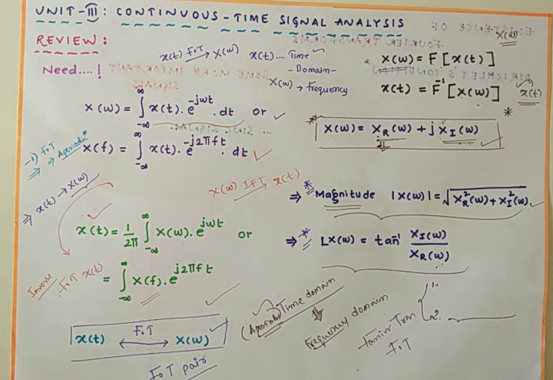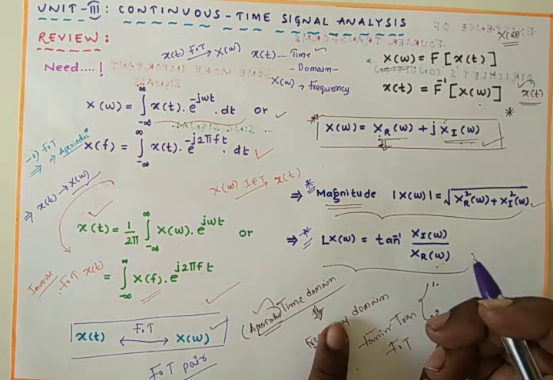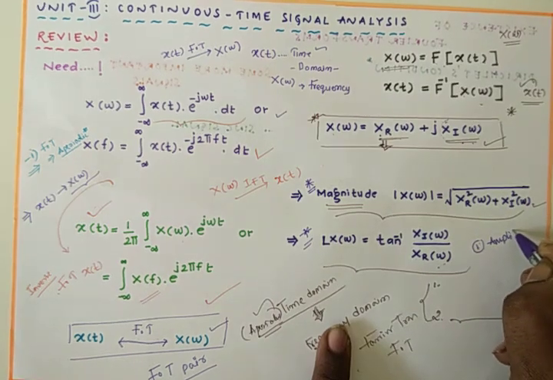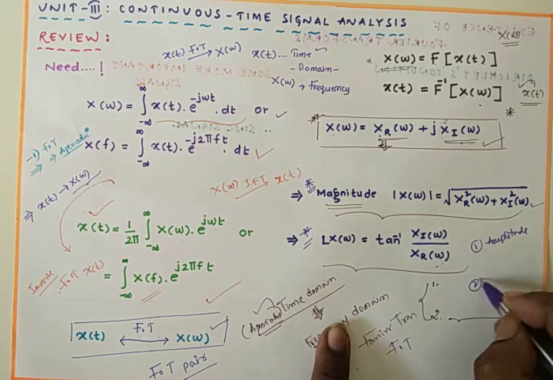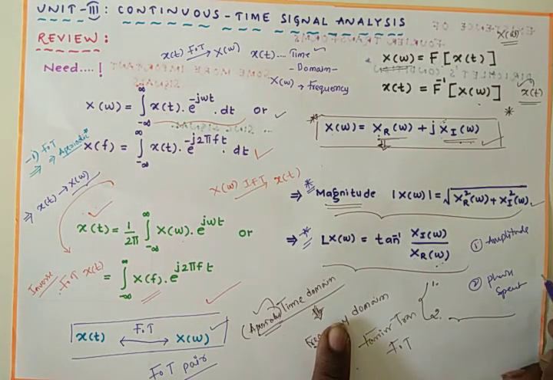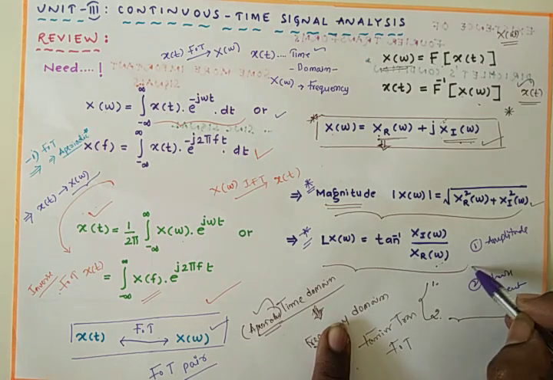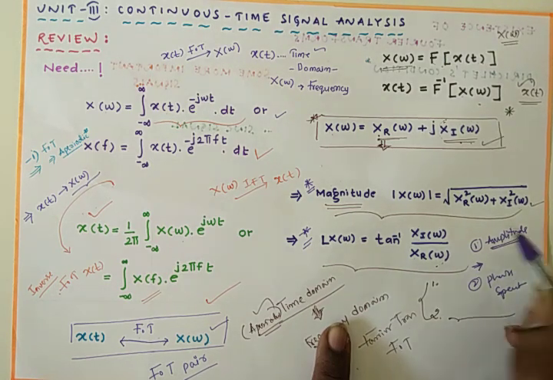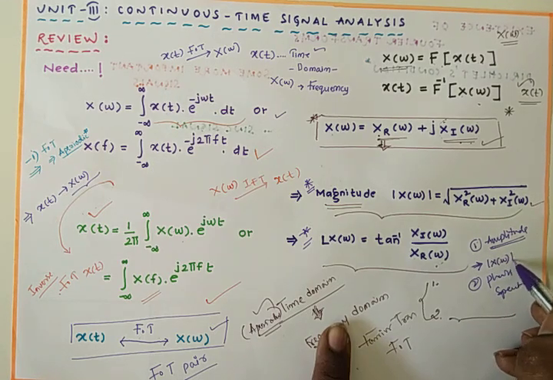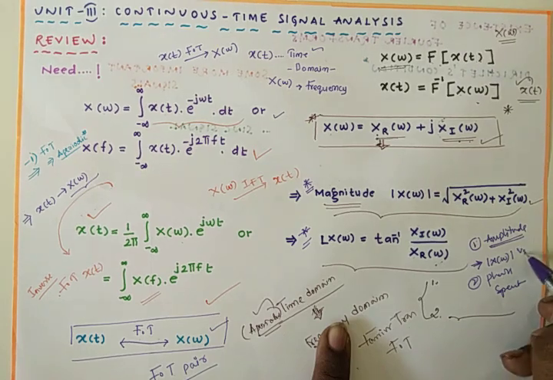Now, after knowing the phase angle and the magnitude, we have to plot two things: one is the amplitude spectrum, and another one is the phase spectrum. The amplitude spectrum is a graph between the magnitude, that is modulus of x of omega, versus omega.